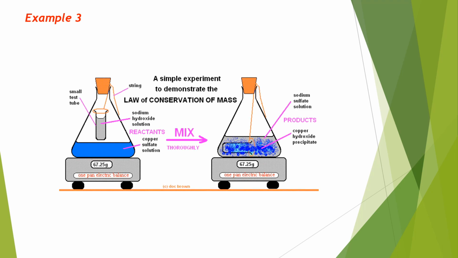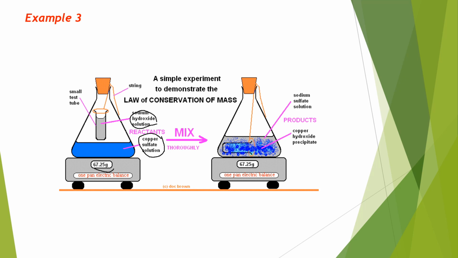Example number 3. I have a chemical reaction between sodium hydroxide solution and copper sulfate solution. As you can see, we put the sodium hydroxide solution in a test tube and the copper sulfate solution in the Erlenmeyer flask. We measure the mass of the reactants using an electric balance.